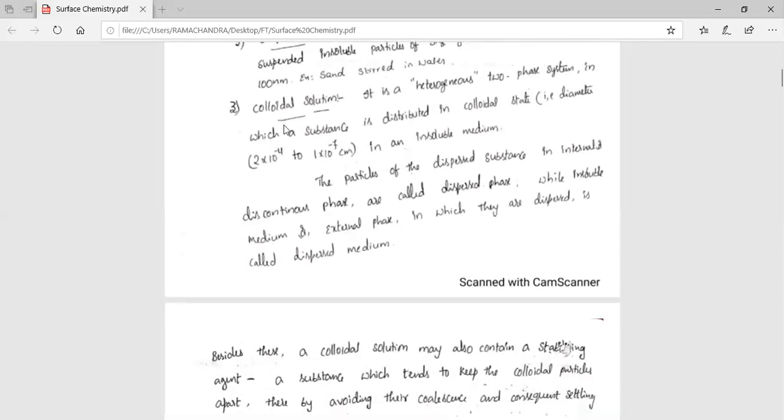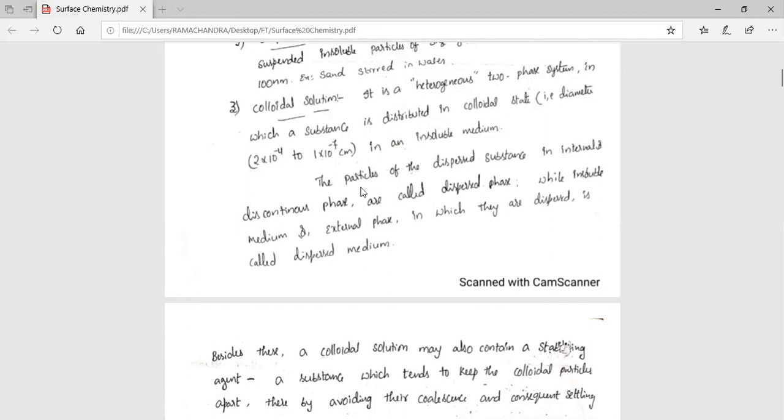Next is the colloidal solution. It is a heterogeneous two-phase system in which a substance is distributed in the colloidal state in an insoluble medium.